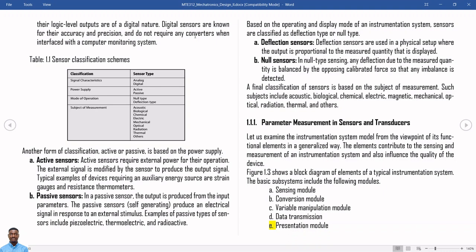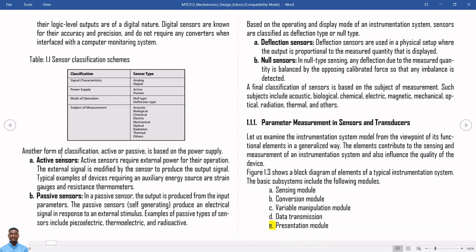In the case of analog, you need to interface your analog output through an analog to digital converter before you can send it into a computer monitoring system. But in the case of your digital sensor, the output is already in digital form. You don't need a converter to interface it with your computer monitoring system.